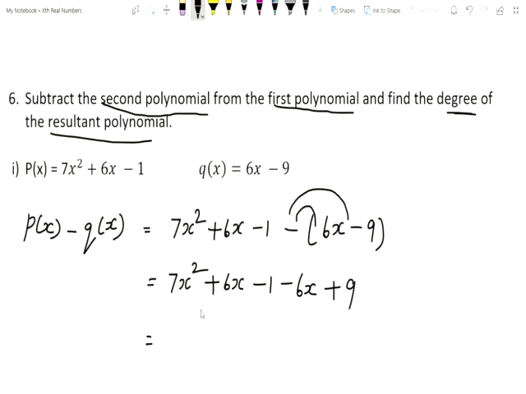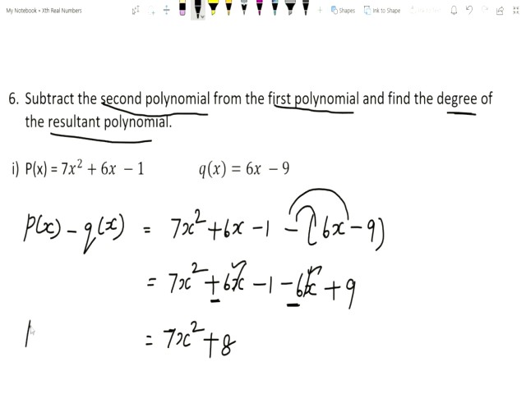Next 7x square, only one term is there, so write it as it is. 7x square, then 6x and minus 6x cancel each other. Then the numbers: minus 1 plus 9. What will you get? Plus 8.